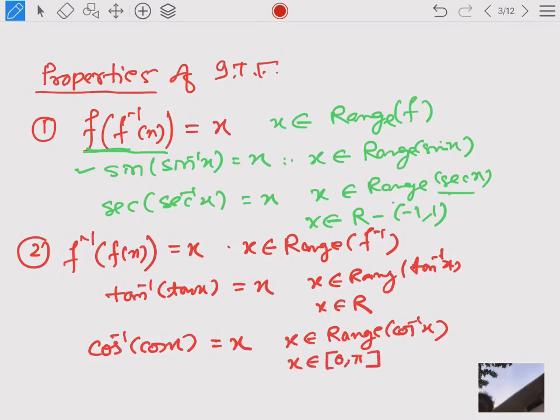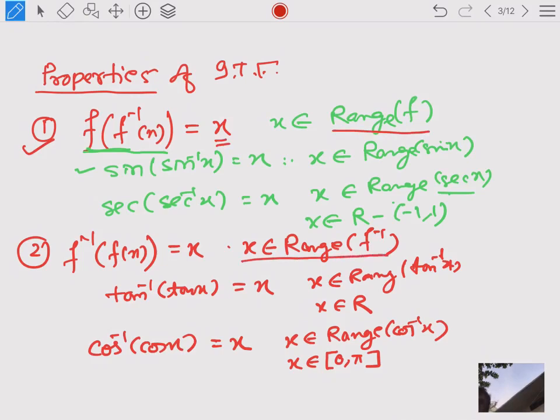This is important, students. So this is the first property, f of f inverse x equal to x, and similarly f inverse of f x equal to x, but here x should be in the range of function f, and here x should be in the range of f inverse. So these are two properties.